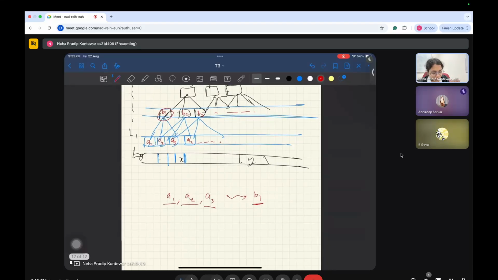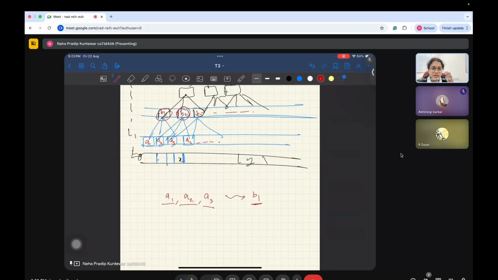Now if I want to find b2, I actually don't need a1 at all, because b2 depends on a2, a3 and a4. So in this way the space can be reused. Exactly. Now you get b2, you don't need a2, and use a5 to get b3.